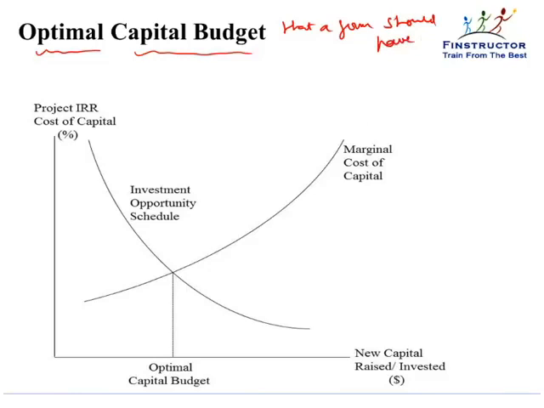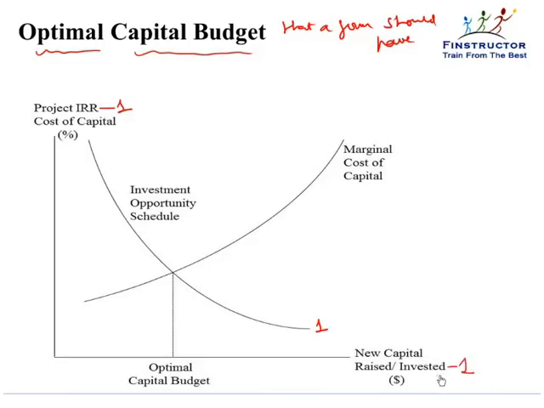Or what is the amount of debt and equity that a company should have on the whole? In most businesses and in most projects, what we will see is, now focus on the first curve. The left hand side for this curve is the project IRR, and the x-axis is the new capital invested.